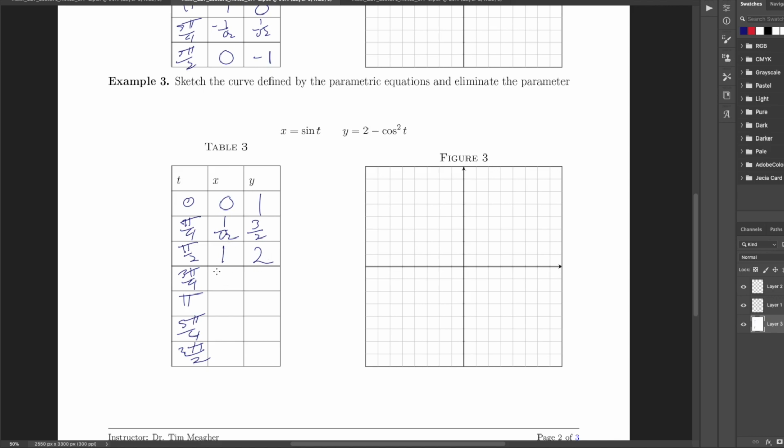And then here we'll have square root of 2. And this will be 3 halves again, because notice since we square it, the negative doesn't matter. This will become 0.